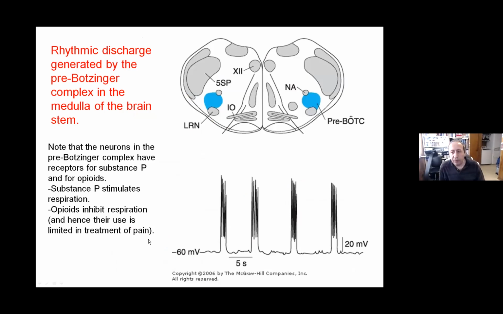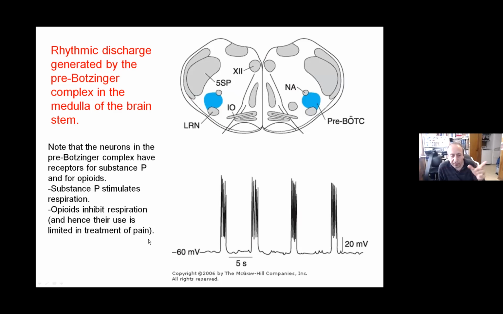Now, how did we discover that the pre-Bötzinger complex is the main central pattern generator of activity for breathing? We did this in rodents by cutting brain slices from the medulla.